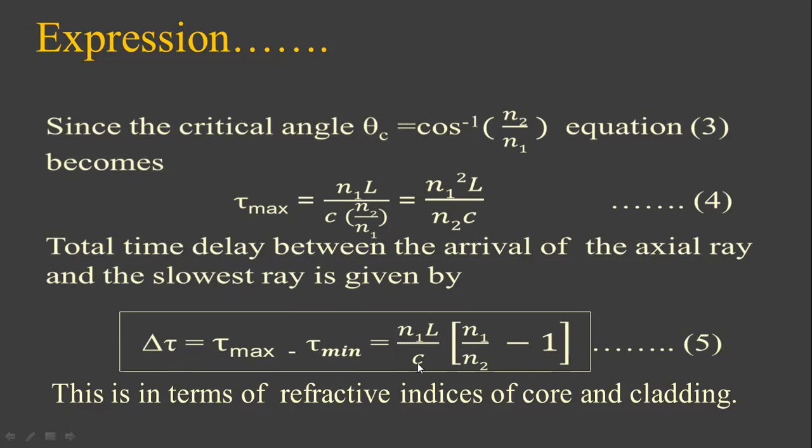We get this as N1 into L divided by C into the bracket N1 by N2 minus 1. This is the expression for time delay in terms of the refractive index of core and cladding, because N1 is the refractive index of the core and N2 is the refractive index of the cladding.